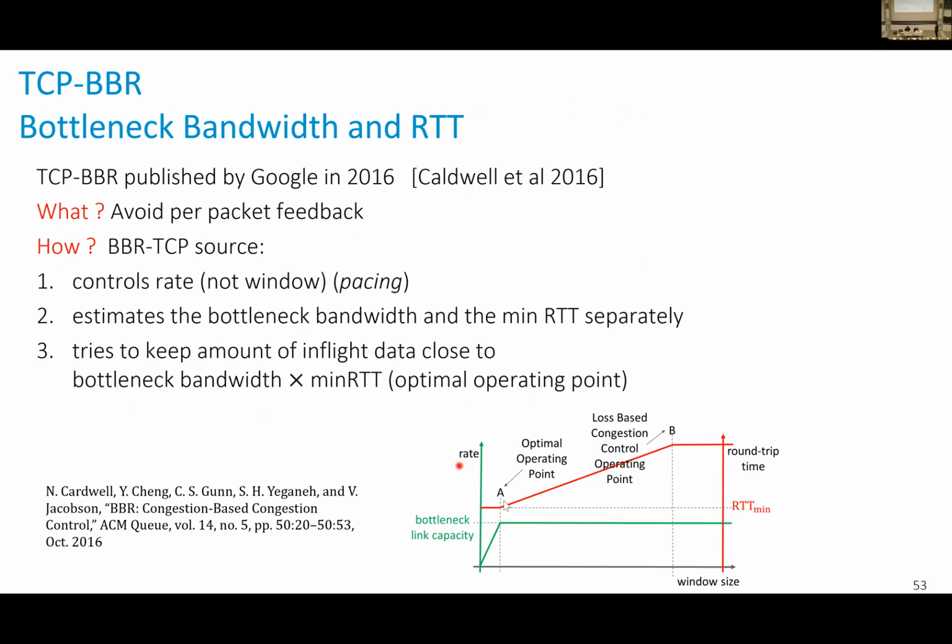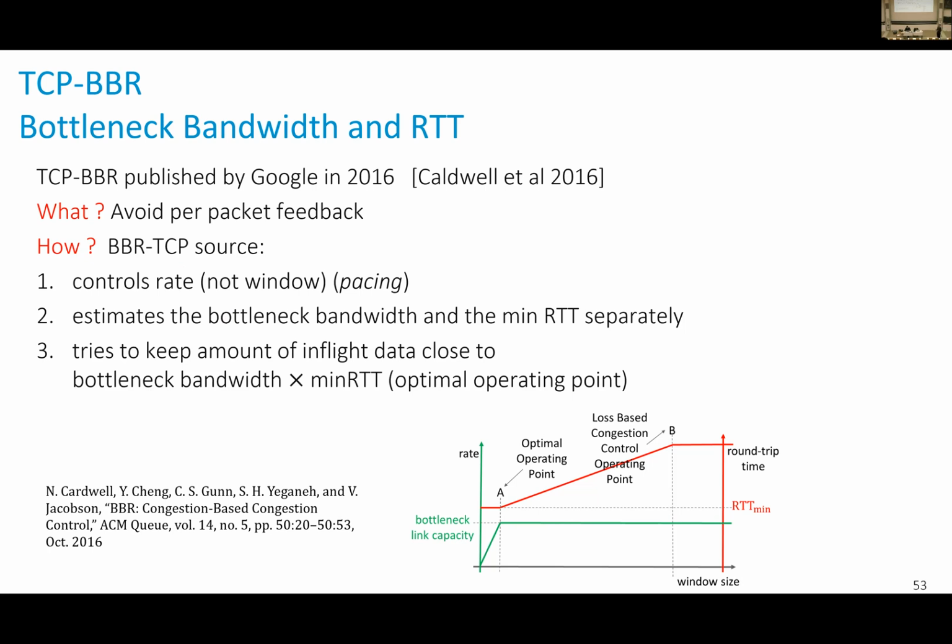The idea is to estimate exactly the point A. How? By first controlling the rate, not the window. Controlling the rate means I count how many bits are sent every millisecond, for example, and I put a limit on that.